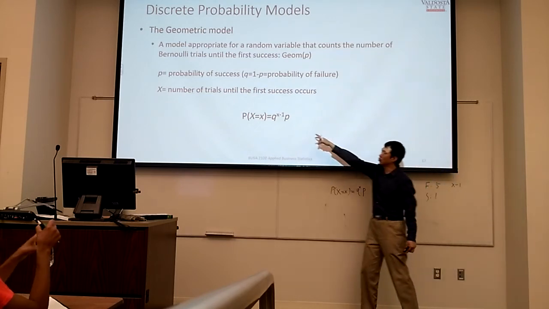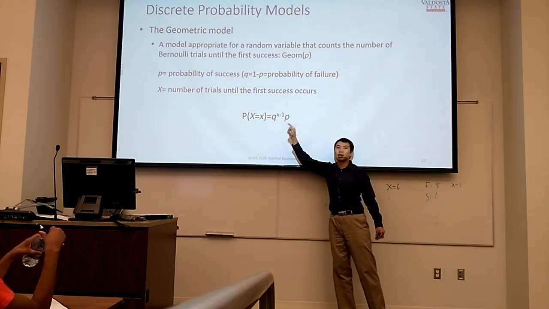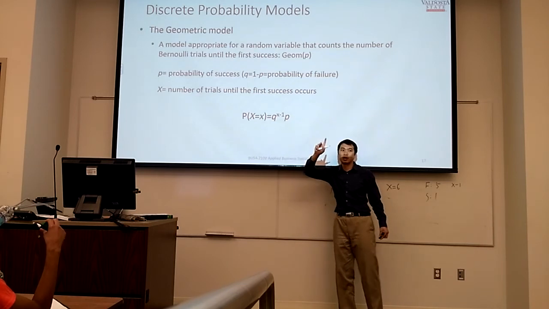This is q to the power of x minus 1 because x is the total number of trials, including x minus 1 failures and 1 success.